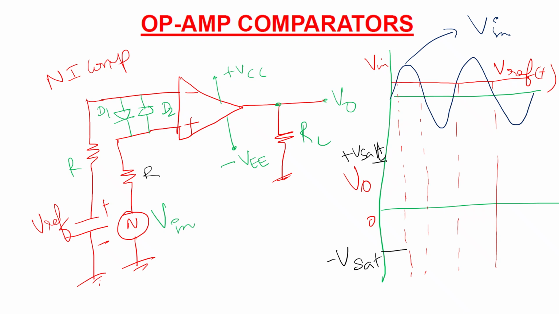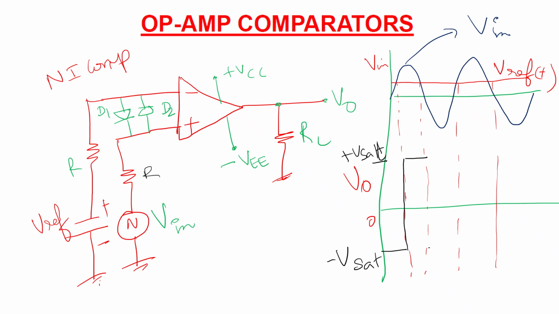at minus Vsat. At the point where the reference voltage is equal to the input voltage, and the input voltage increases, the output swings to plus Vsat and maintains plus Vsat until V reference is again greater than Vin.